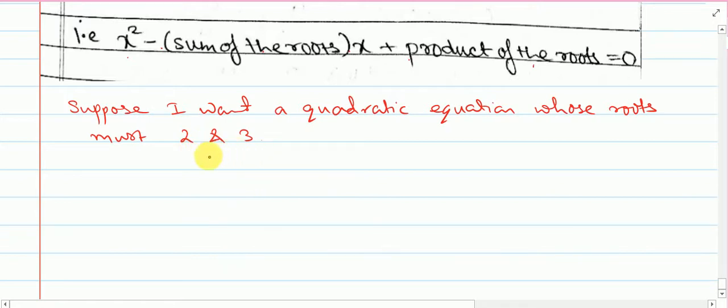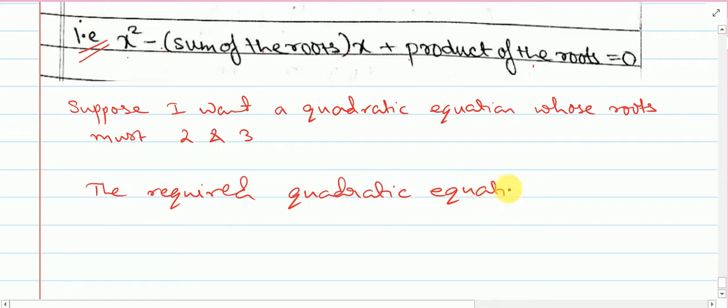How can we find that? We can find it using this. The required quadratic equation is, so here you can see what you are supposed to write. Firstly we'll write x², then minus the sum of the roots. Here we want 2 and 3 as roots, so the sum of the roots will be 2 plus 3, 5.